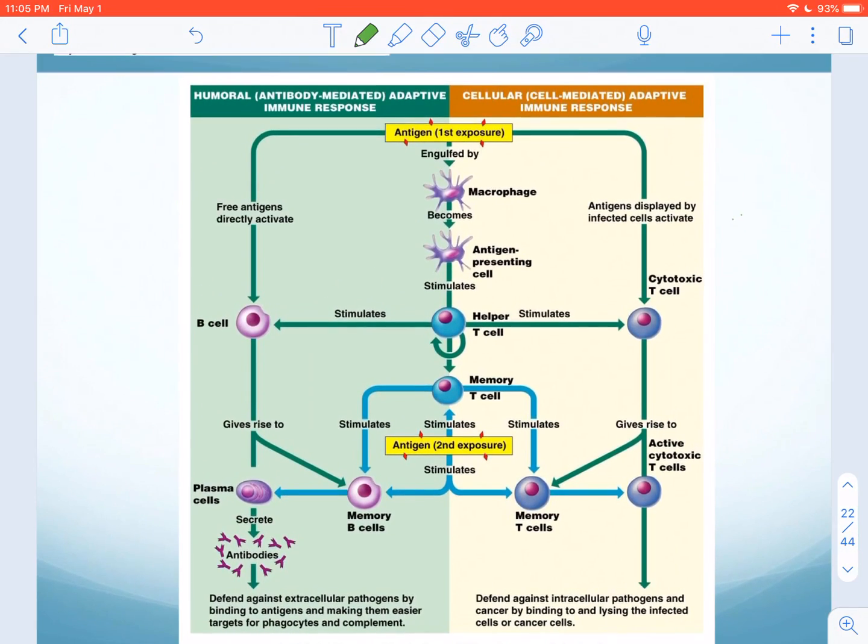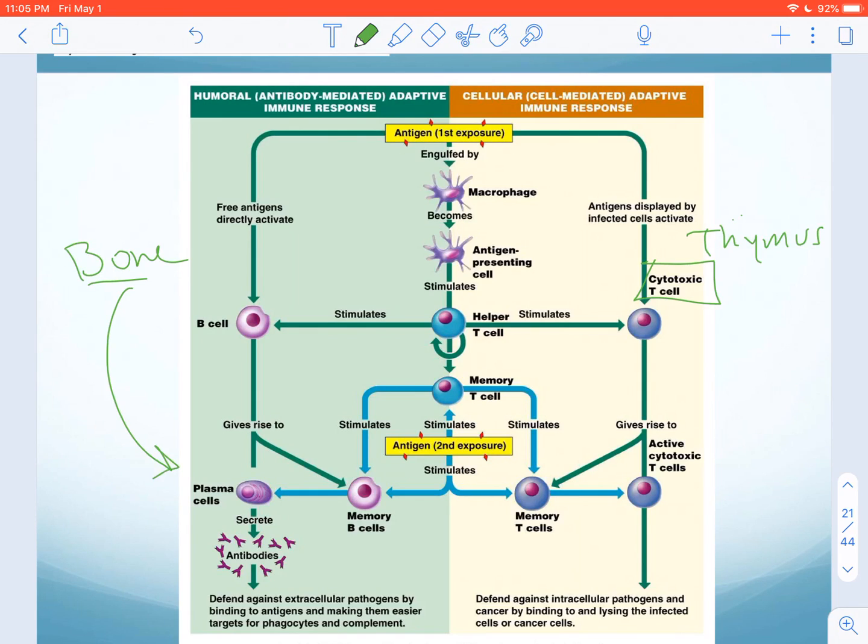This is an image that I like a lot because it shows the distinction between T cells, which develop in the thymus, and B cells, which develop in the bone. That's why they're called B and T cells. They have generally different jobs.